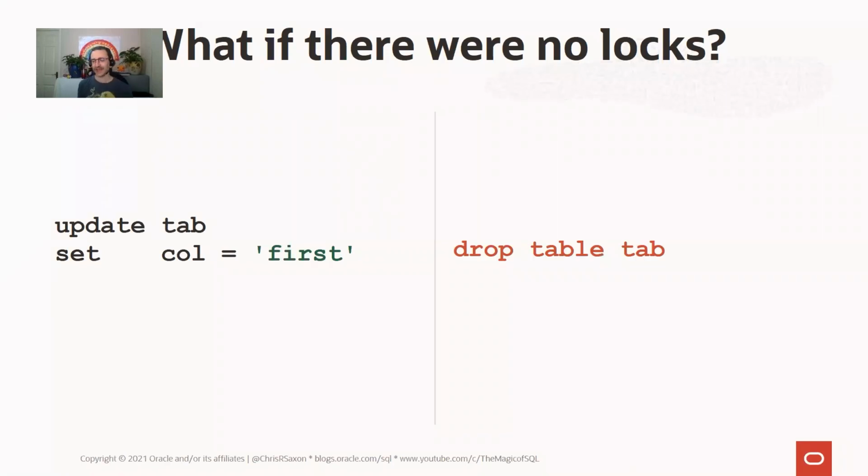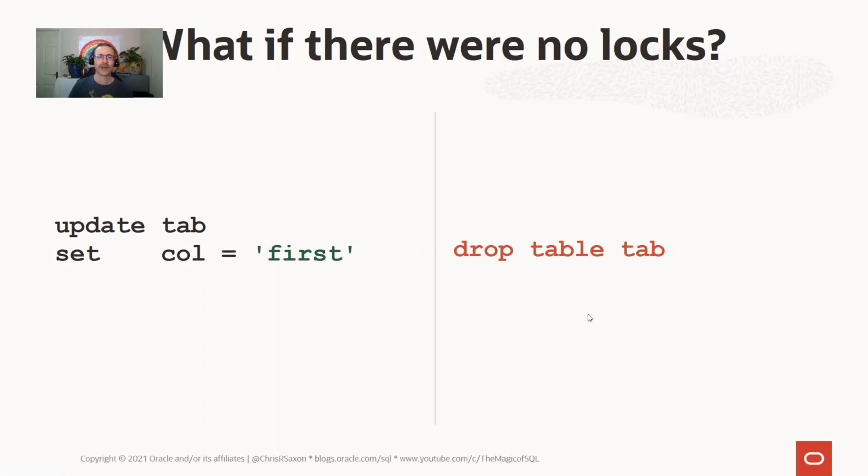If I hadn't got some form of lock on that row and on that table, you could drop the table and my transaction could fail halfway through. Clearly, that's not very desirable either, right? So there's all sorts of weird and wonderful things that could happen if we allowed two or more people to change the same data at the same time. So we want to avoid it.